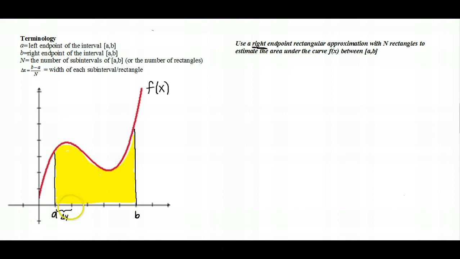So if this little distance here is delta x, then this tick mark can be represented generically by A plus delta x. So let's put some numbers on it to help understand. Let's say that A is 1, and delta x, the width of this first rectangle, is 2.